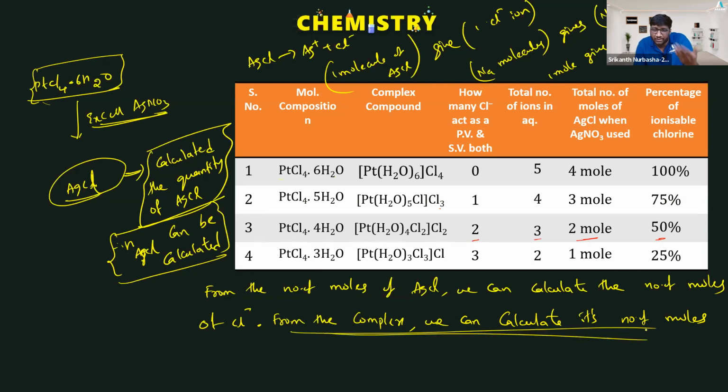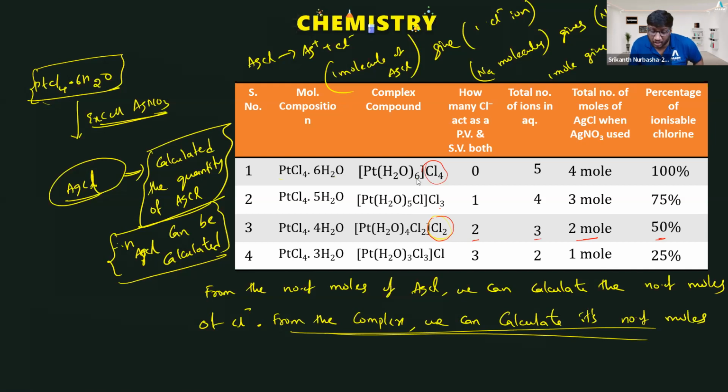If I take 1 mole of complex and I am getting 2 moles of chloride ions, can I say 2 Cl minus or 2 chlorines are outside of the coordination? Yes or no? If I am taking just 1 mole of complex and getting 2 moles of chlorides, what do you mean by that? That means this is a scenario: 2 chlorines are outside. If I am taking 1 mole of complex and getting 4 moles of Cl minus, then this was a scenario.